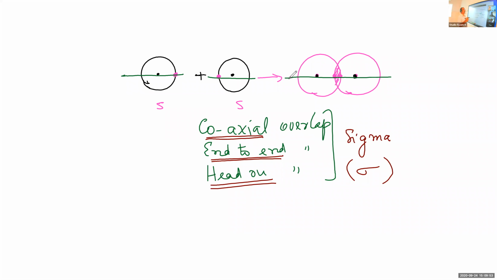So that is one type of covalent bond formed. Let us take the case of two p orbitals. Here there is one p orbital, and this is the position of the nucleus. A p orbital is dumbbell in shape, and this is the axis of the p orbital.